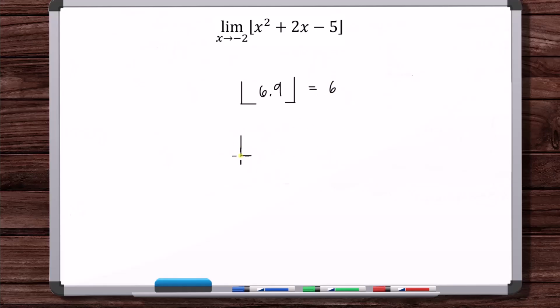If you input 2.1 into the floor function, the output is 2. If you input minus 8.2, then it's going to round down to minus 9.